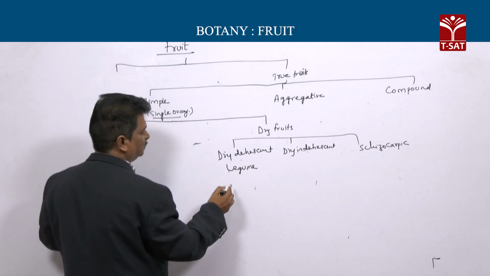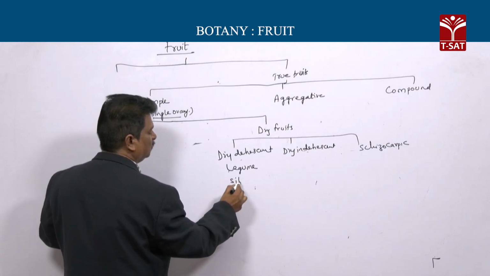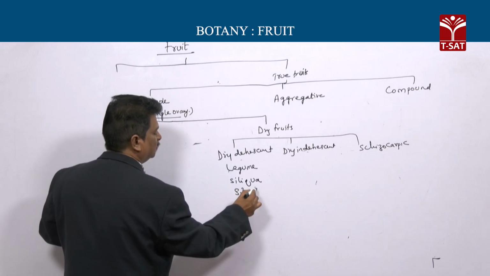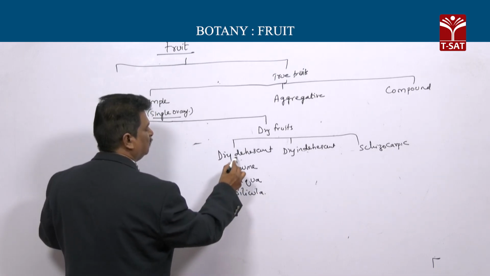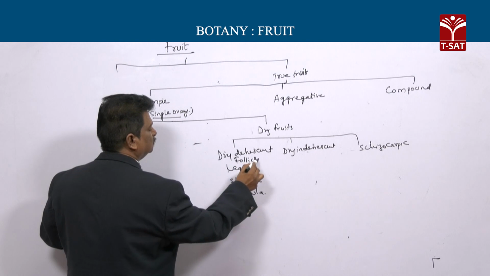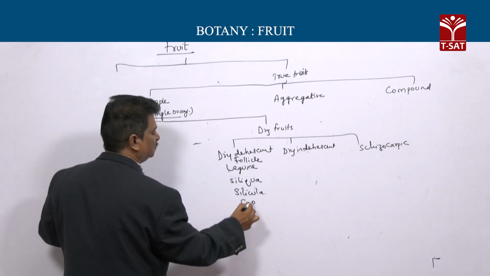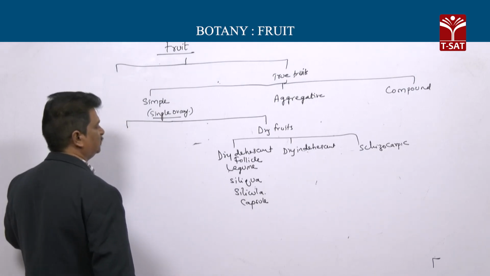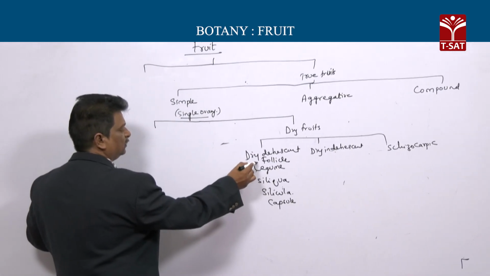Types of dry dehiscent: legume, then siliqua, silicula, then follicle and capsule. These are the types of dry dehiscent. The first one, follicle.